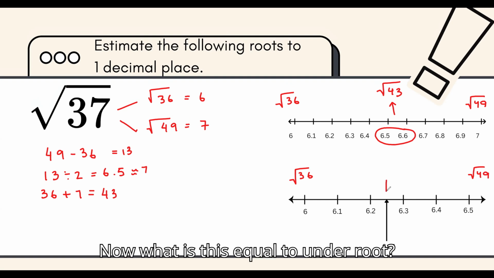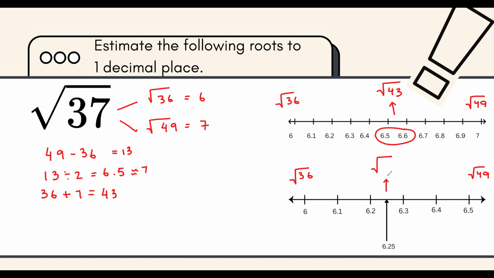Now what is this equal to under root? To do that, I'm again going to follow the same process. So 49 minus 36, which will equal 7. Sorry, this is not 49, it's 43. So this is 43 over here.